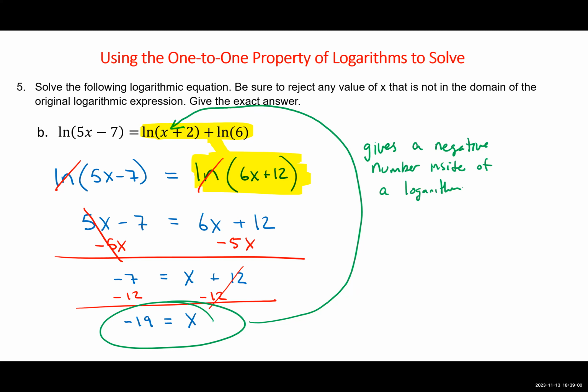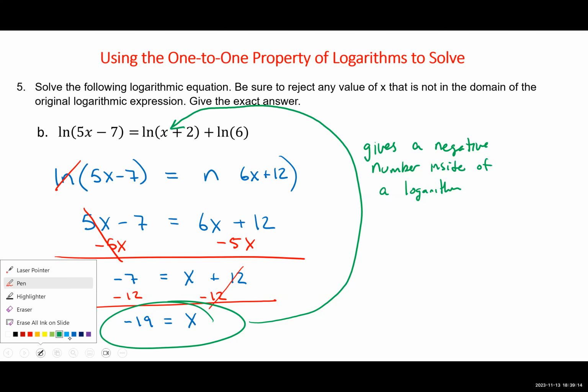There's no rule that says x can't be negative. X could be negative. But when you take that negative number and plug it back into the original problem, you can't have a negative number in there.